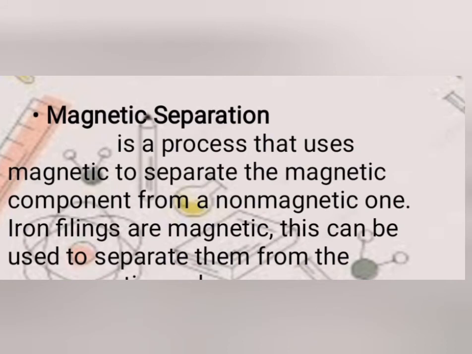Magnetic separation is a process that uses a magnet to separate the magnetic component from a non-magnetic one. Iron filings are magnetic, thus a magnet can be used to separate them from the non-magnetic sand.